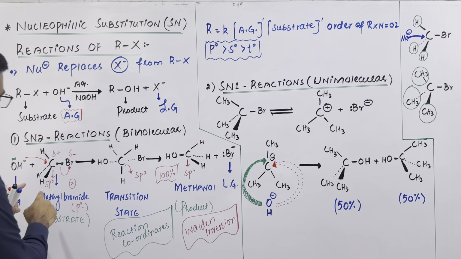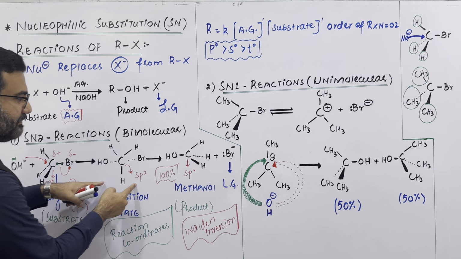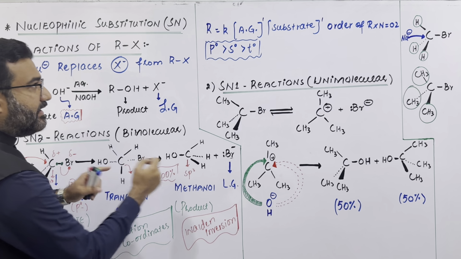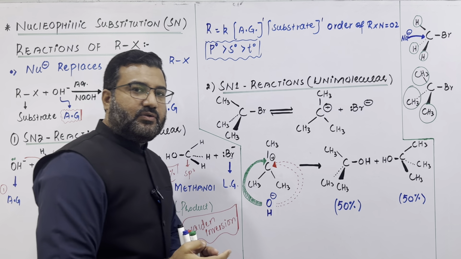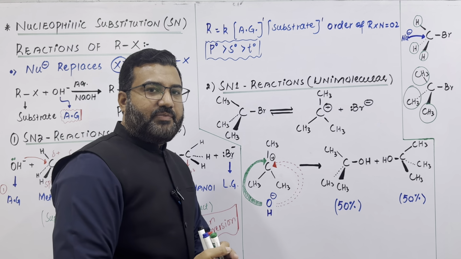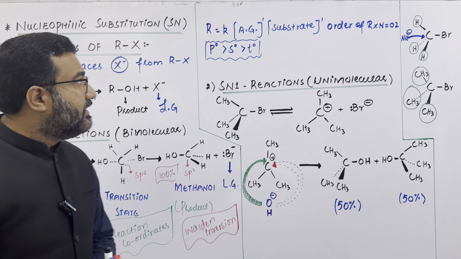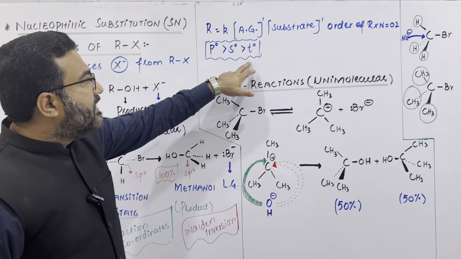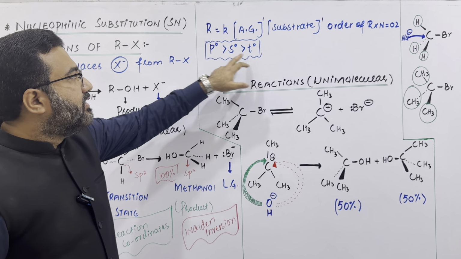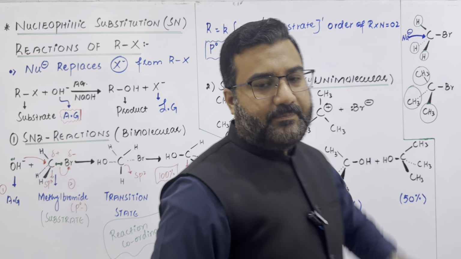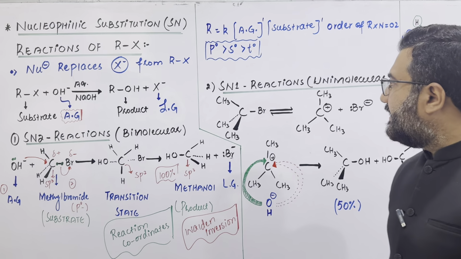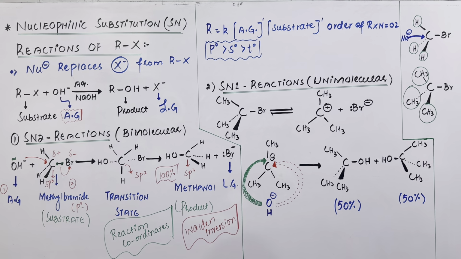The hybridization changes from sp3 to sp2 to sp3, and there are 100% chances of the inversion of configuration in SN2, which is proved by the optical activity of the substrate and product. And then all alkyl halides show SN2 reactions, but most favorable with the primary and least favorable with the tertiary. Now let us move to the second mechanism, that is the SN1 reaction, which is the unimolecular reaction.